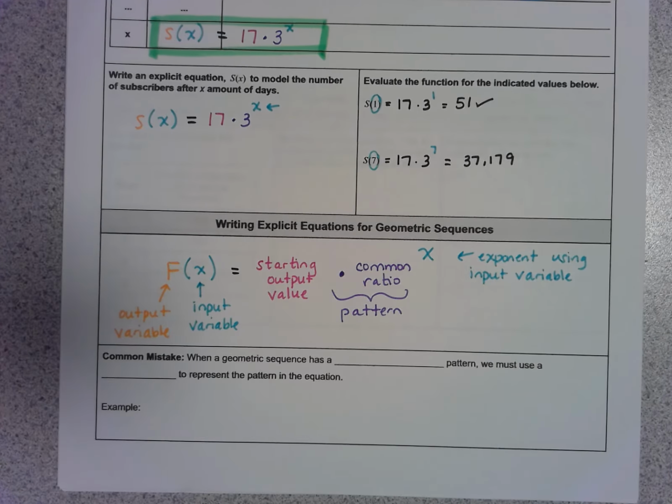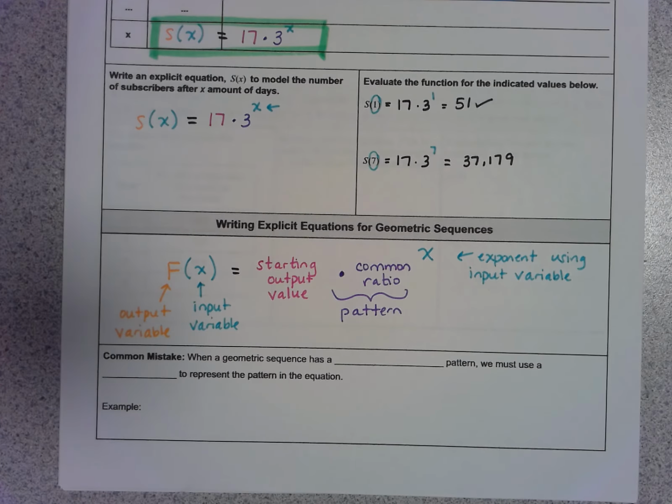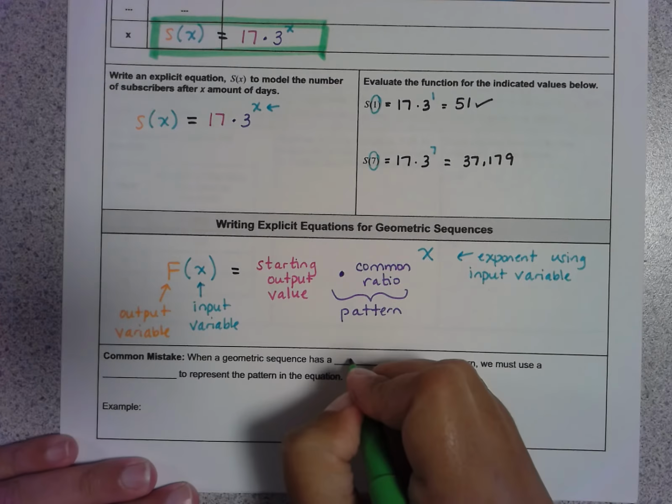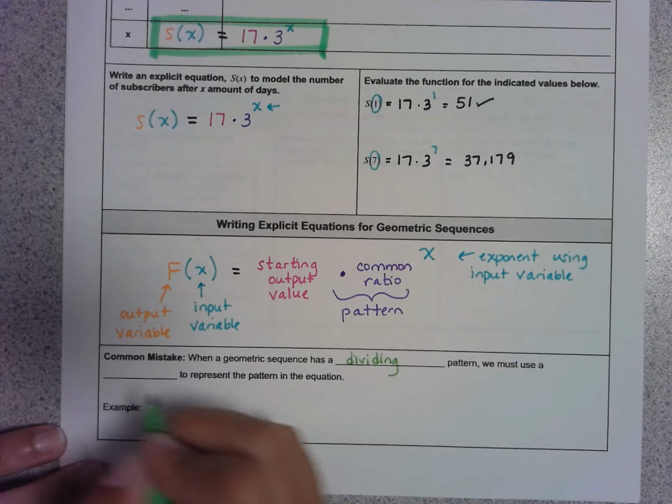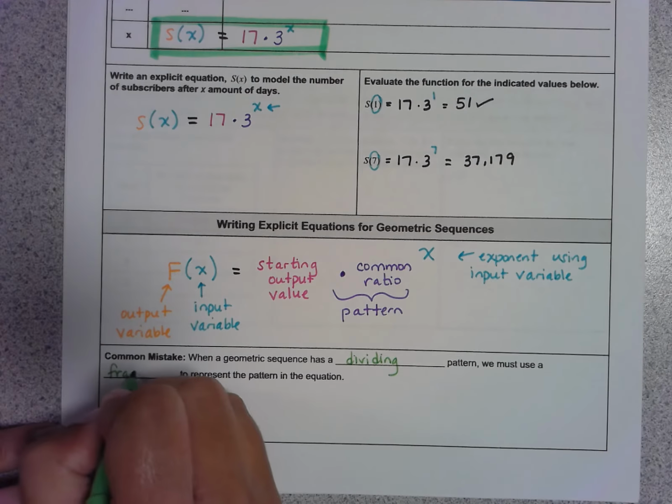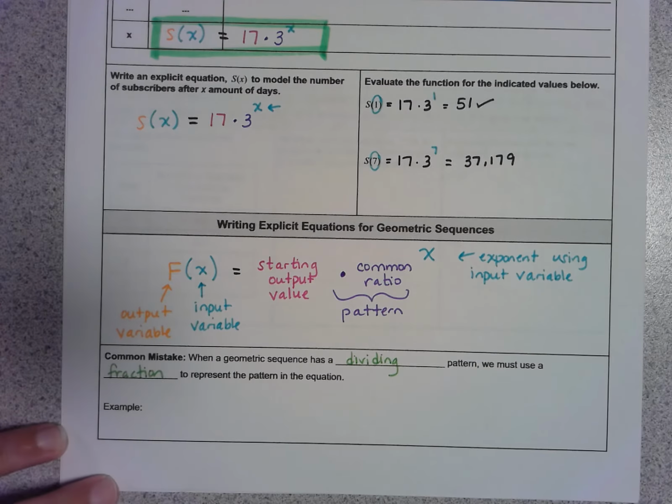Now, there is one common mistake that we see fairly regularly with geometric sequences. When a geometric sequence has a dividing pattern, we must use a fraction to represent that pattern in the equation.